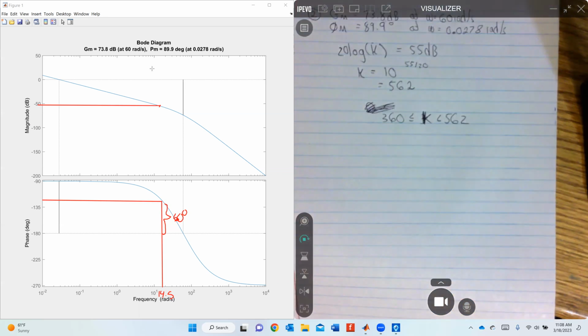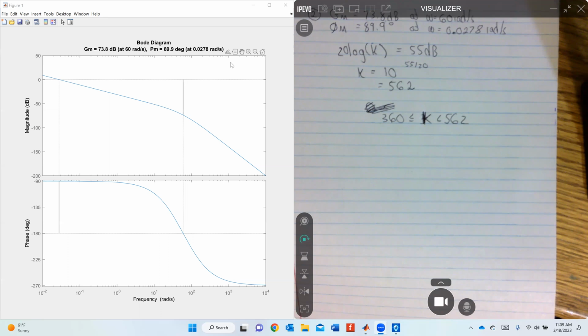We should be okay in terms of our phase margin staying above 60 degrees, because we had some room. We could decrease our phase margin to the smallest it can be, which is 60 degrees.